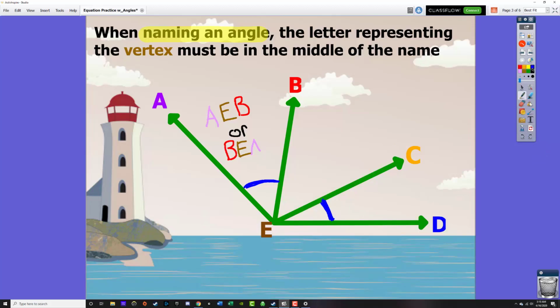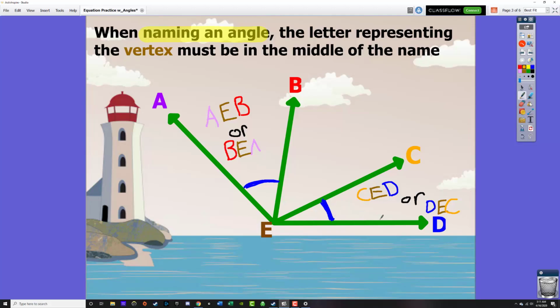So our two options are we can call it CED, or the other way around. We can put D in the front, E as the corner or the vertex, the point where the two lines come together, in the middle, as always, and C at the end.